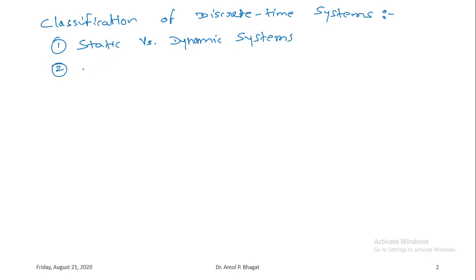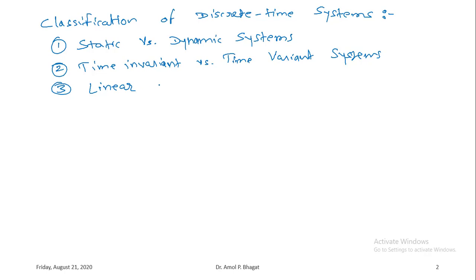Second one is time invariant versus time variant systems. Third one is linear versus non-linear systems.